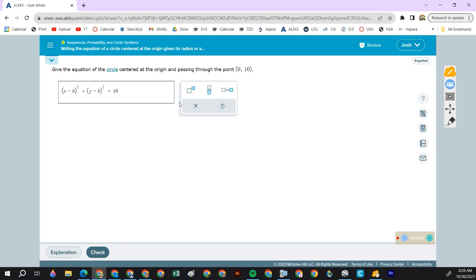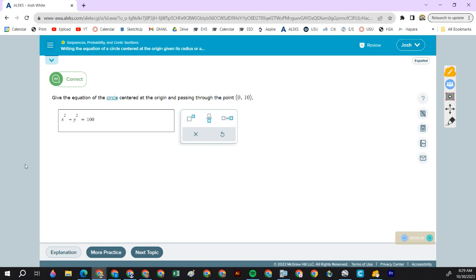And it probably just wants you to write 10 squared, which is 100. But what do I do in here? What is h if the center is at the origin? 0. So I can just get rid of this. And I can just get rid of this. And it turns out that's the equation. X squared plus y squared equals 100. Yay!